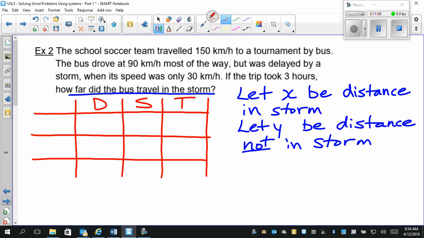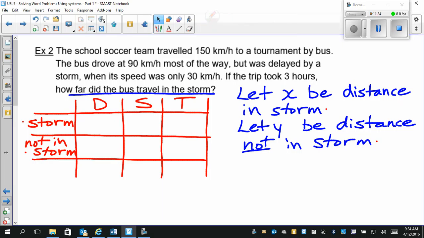One is in the storm, and one is not in the storm. Really, to figure out what we're putting on the side here, we're using what we've got for our variables in our let statements. Okay, so now I'm going to fill in some information that I know.